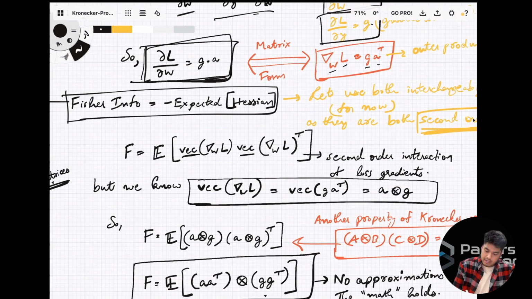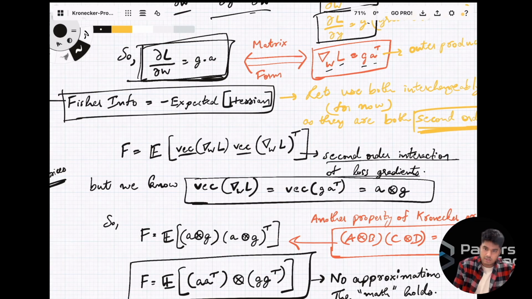So it's a second order interaction of loss gradients in very simple words. Because you're multiplying the gradient of loss with its transpose, every element in this tensor gets to interact with every element in this tensor. So you end up with a second order interaction of these loss gradients.